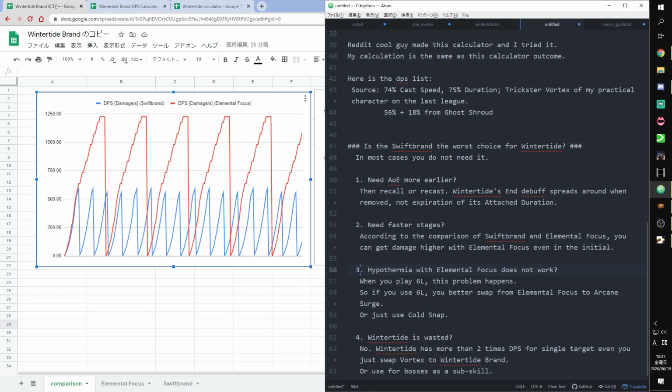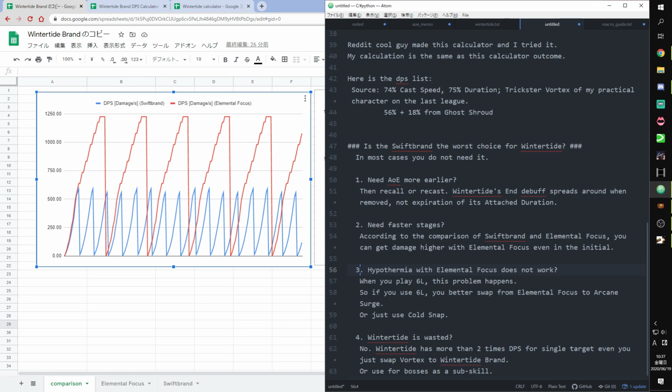Then the third point, hypothermia with Elemental Focus does not work. This problem happens when you play 6-link. So if you use 6-link gear, you had better swap from Elemental Focus to Arcane Surge.